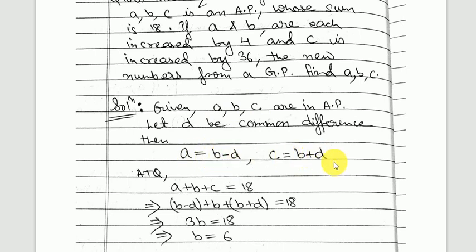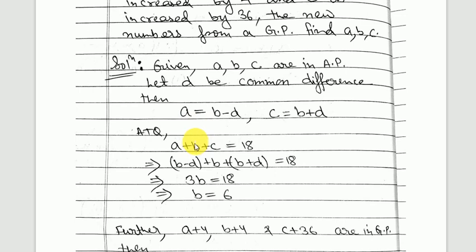According to the question, a plus b plus c should be 18. That means b minus d plus b plus b plus d is equal to 18. Now the minus d and plus d cancel, so I'm left with 3b equal to 18. So b equals 6. I got the value of b.